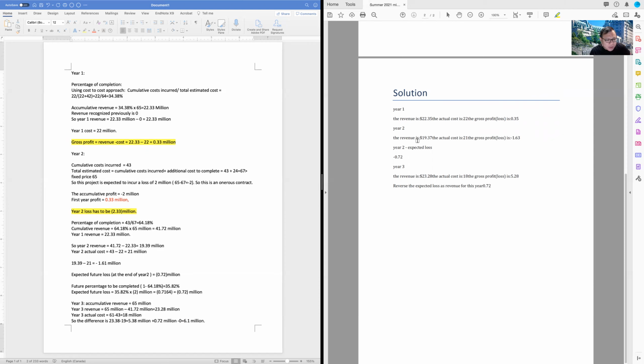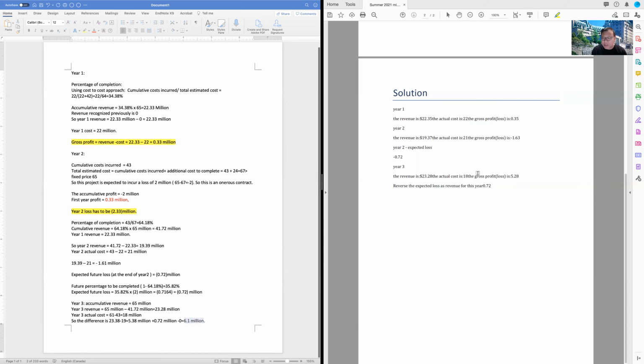And this number, the revenue is 1937, so mine is 1939. I think it's the rounding problem. So the reason why the numbers are a little bit off is because of the rounding, okay? But the approach is the same.